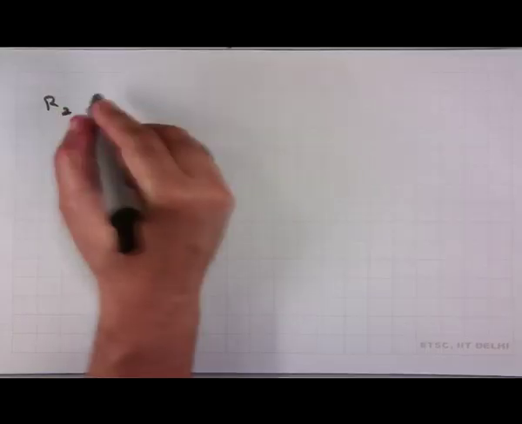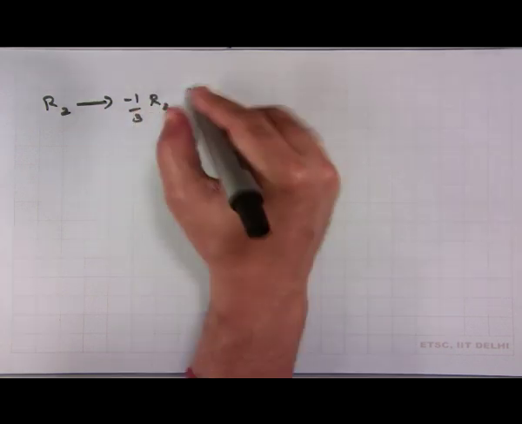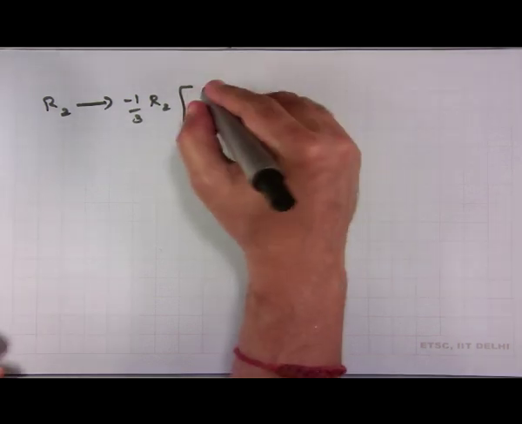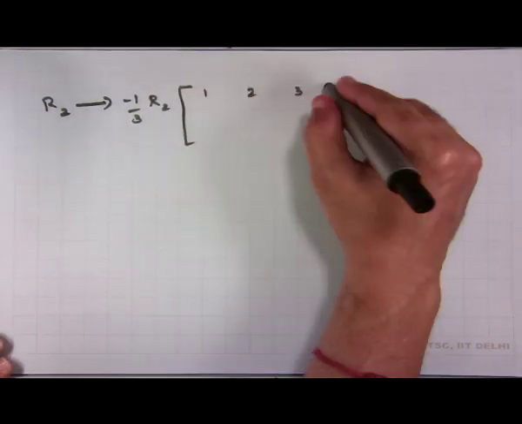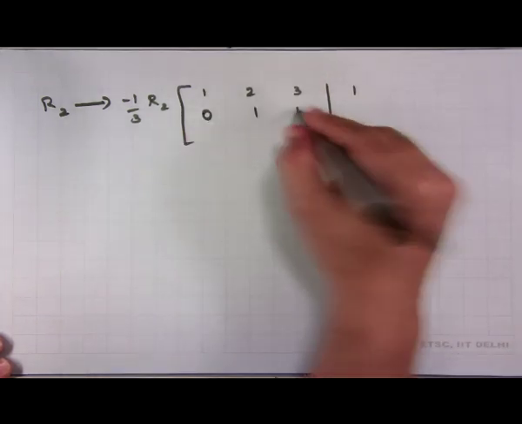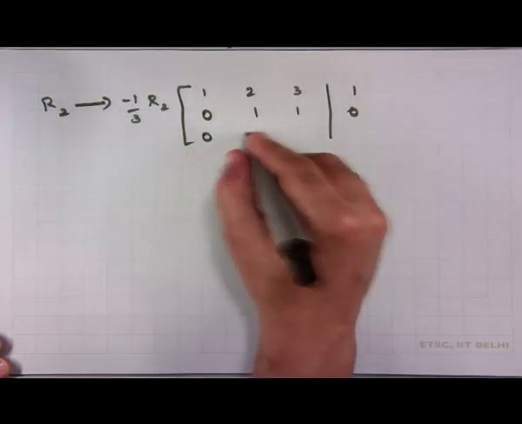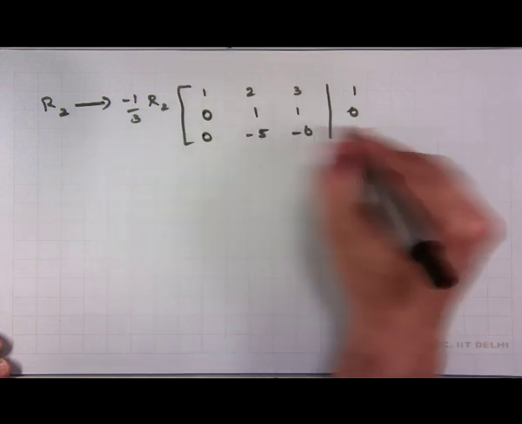R 2 is replaced by minus 1 by 3 times R 2. First row remains as it is 1, 2, 3 and 1, 0, 1, 1, 0. Last row again remains the same 0, minus 5, minus 6 and minus 1.